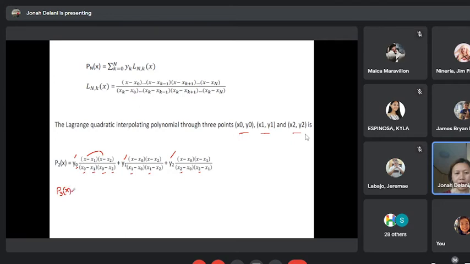Of course, we will have y0, y1, y2, and y3. Let us try to generate the first term.